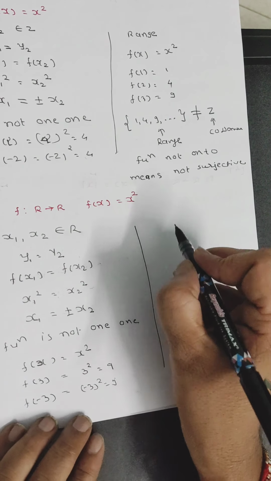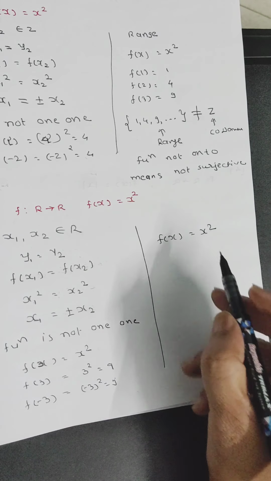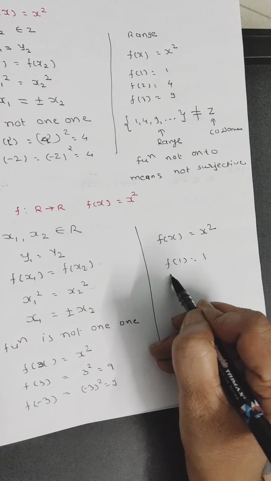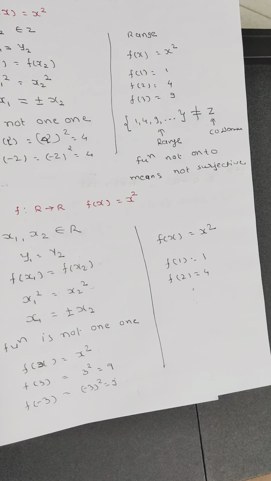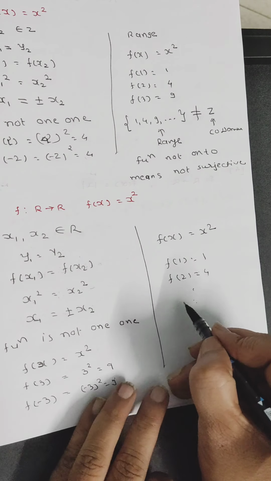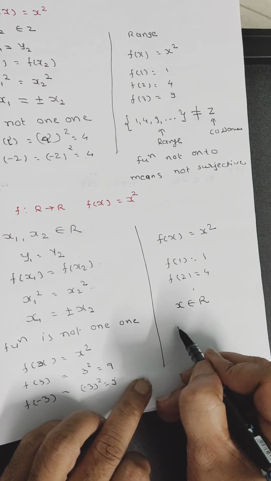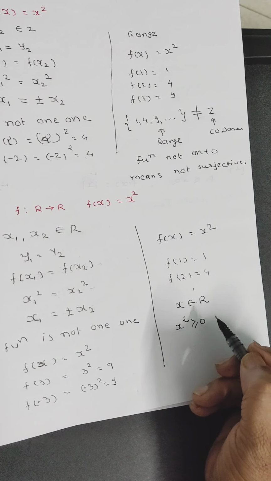Same way here also. F(x) is equal to x square. So I will put 1, 1, 2, 4, and so on. Only positive numbers are there. For x belonging to R, x square is always greater than or equal to 0.